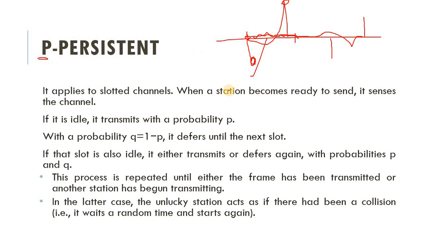So when the data collides, the station waits for some time and then restarts the transmission. So that is how the transmission is done in one, non, and P persistent.